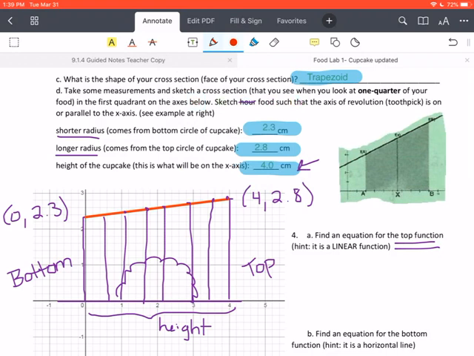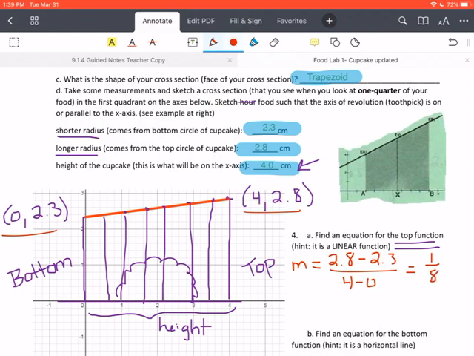So I'm going to use my two points, and I'm going to find the slope because that is linear. That's why we're starting with a nice trapezoid. So for my slope, I'm going to take 2.8 minus 2.3 over 4 minus 0, and when I do the calculation, I end up getting 1/8.